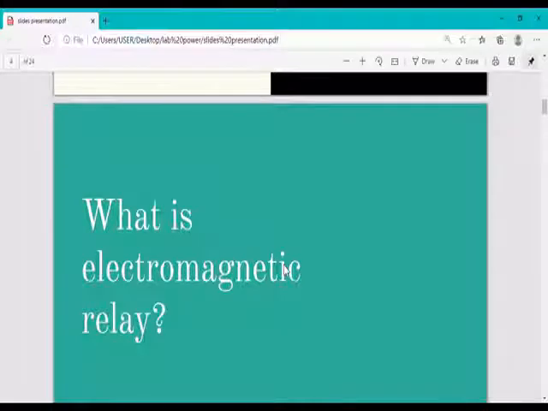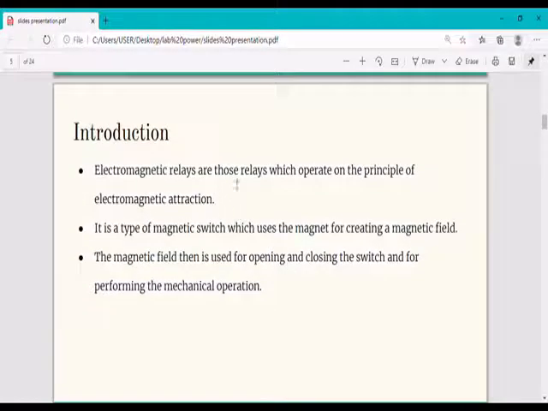Electromagnetic relays are those relays which operate on the principle of electromagnetic attraction, which means they use electromagnetism to react as a switch. It is a type of magnetic switch which uses a magnet for creating a magnetic field.